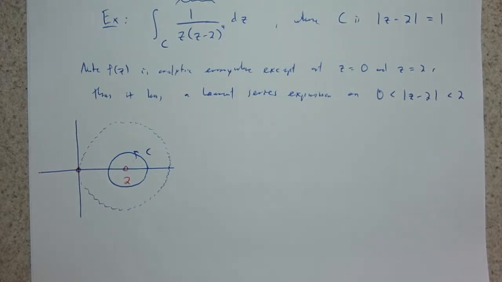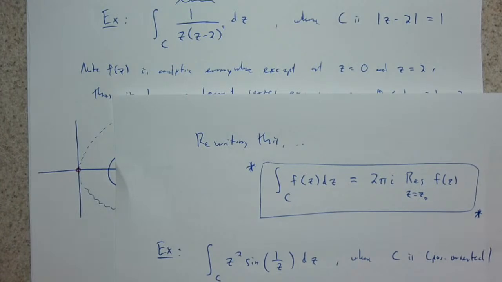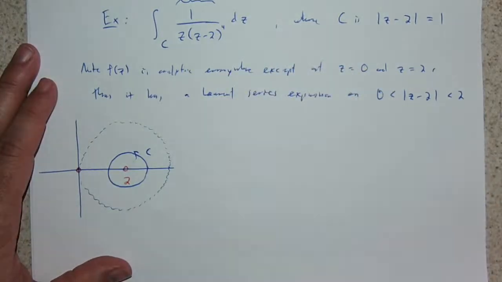And so we have everything we need in order to apply this fact here that I'm going to put on screen again. So now we just need to compute this residue. And so recall, how are we going to do this?